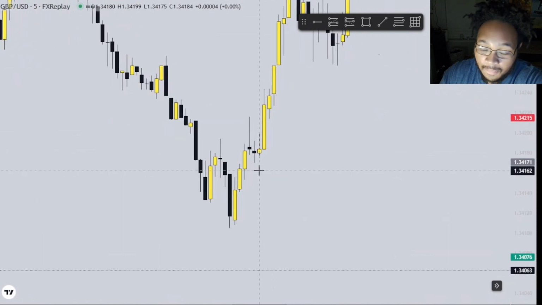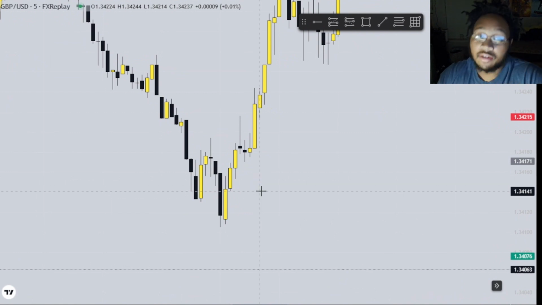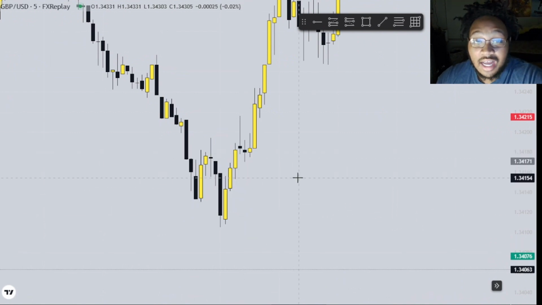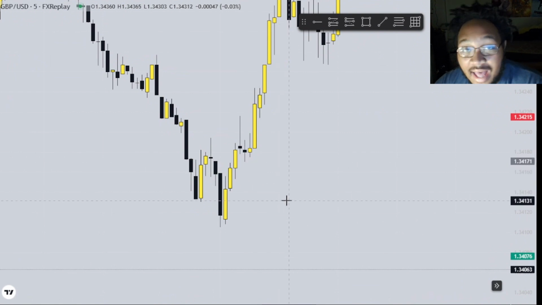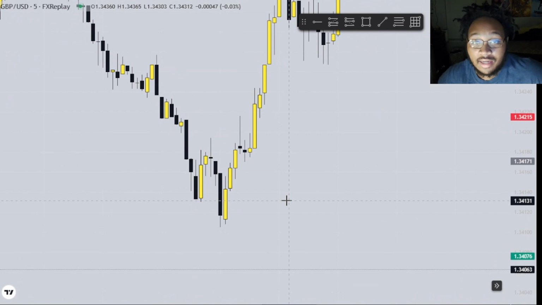How you determine a high in the market, just so you know what we're looking at, is that a high is made of a 3 candlestick pattern. We'll use this because there's a high right here. We have 1, 2, 3. In order for it to be a high, the middle candlestick, the body or the wick, has to be higher than the 2 candles on the left and right side of it.